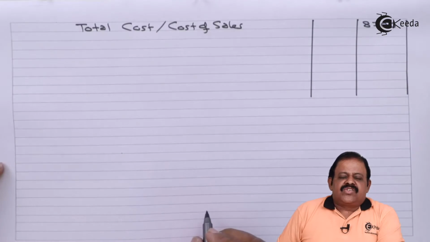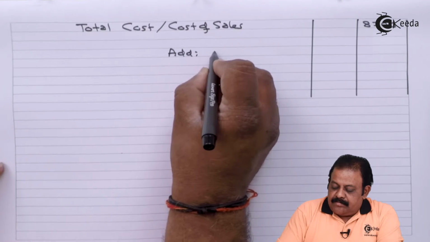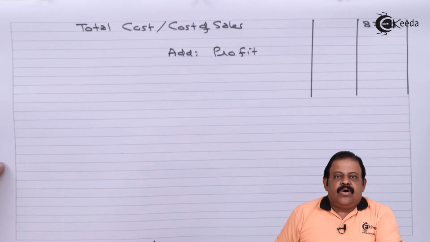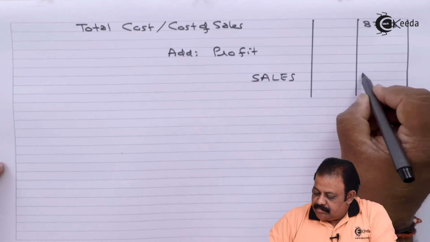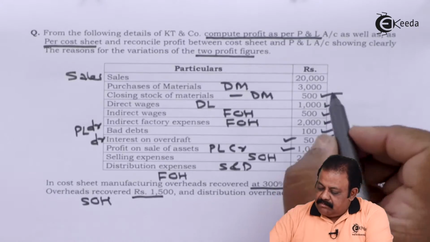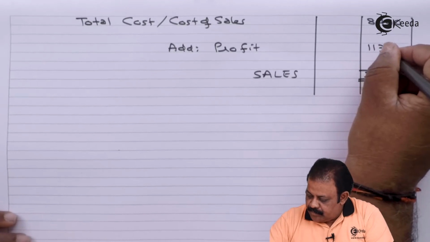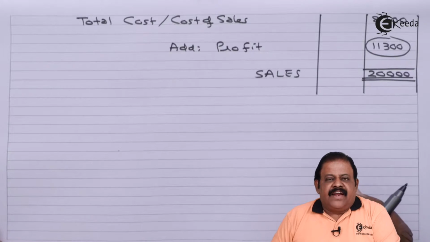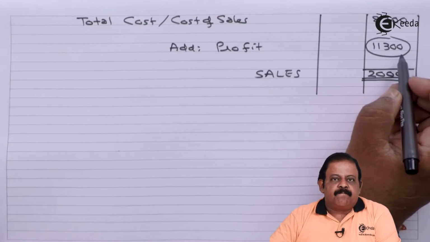Total cost or cost of sales 8700. To this we are required to add profit to arrive at final figure of sales. Sales we are required to take same rupees 20,000. So profit as per cost book is 11,300.